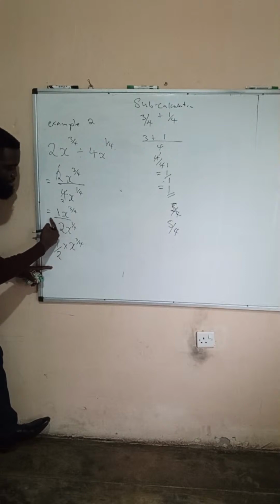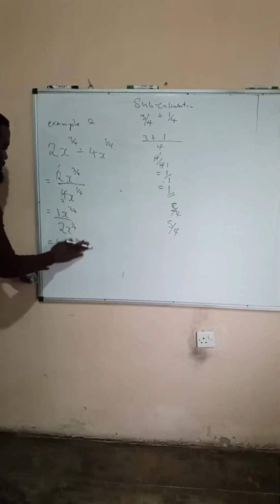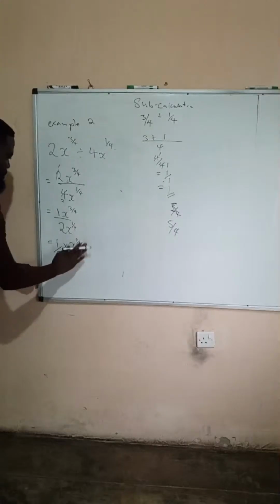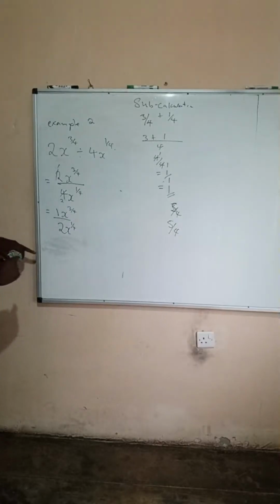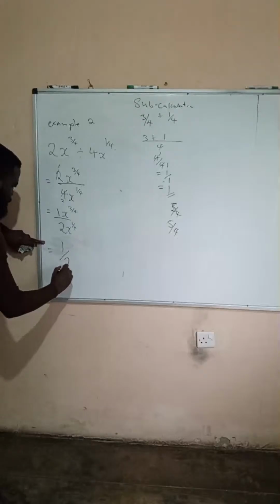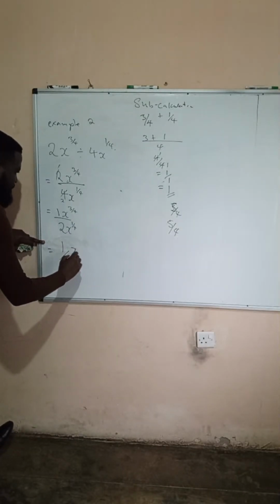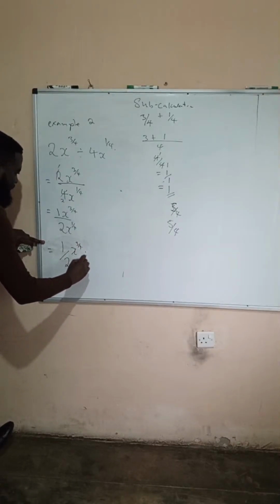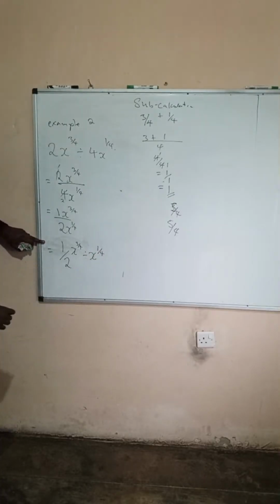This slash means divided by. I can say 1 over 2 and then x to the power 3 over 4 divided by x to the power 1 over 4.